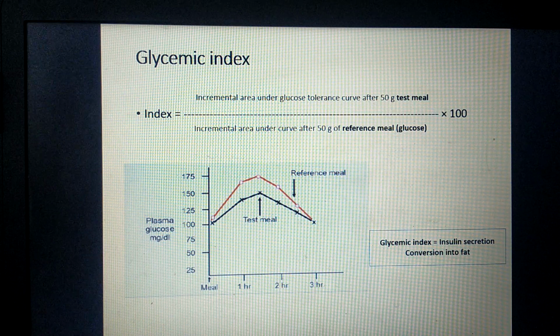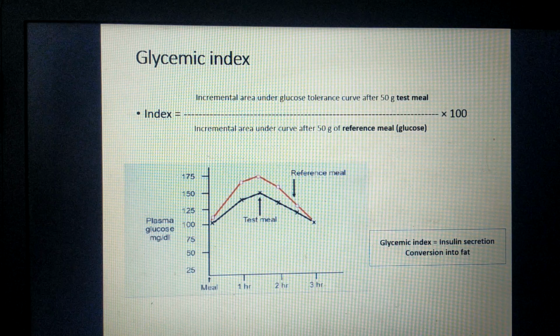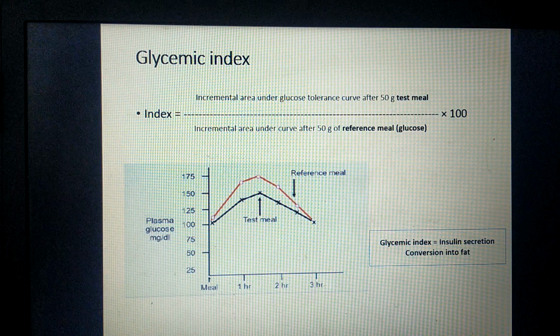The graph of the test meal is always lower than the graph of the reference meal because, as usual, glucose has the highest glycemic index, which is 100, because glucose is a monosaccharide, it is not digested and it is directly absorbed from the alimentary canal.